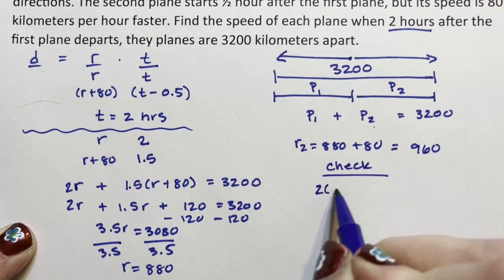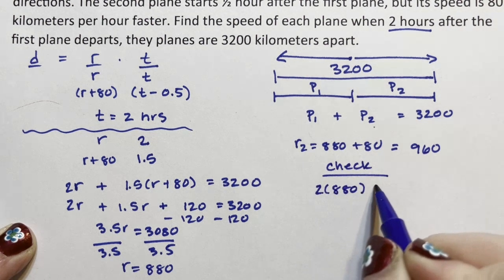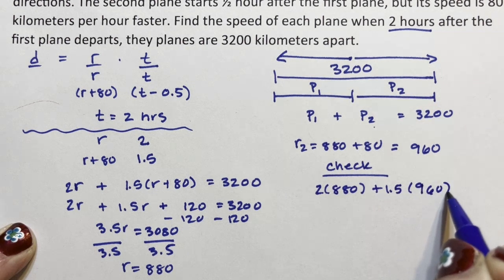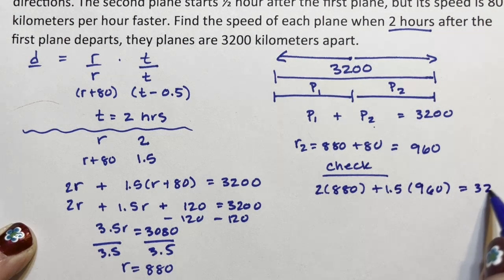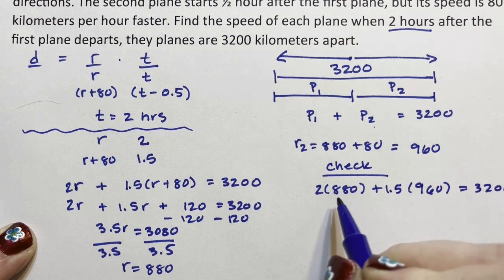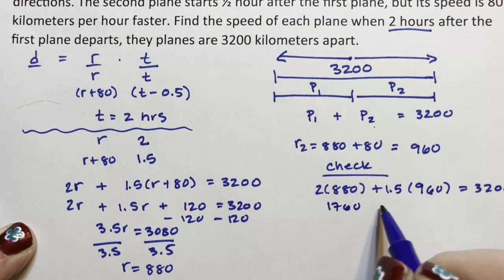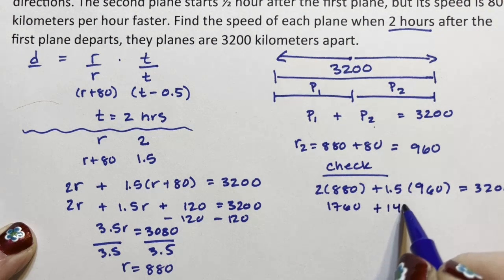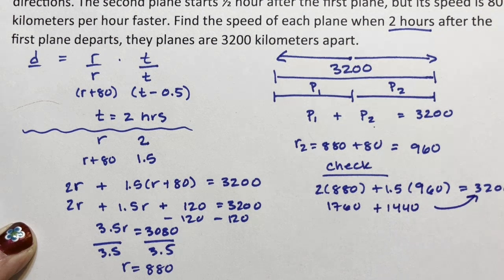Is 2 times 880 plus 1.5 times 960 equal to 3,200? Well, 2 times 880 is 1,760. 1.5 times 960 is 1,440, and that does equal 3,200. All right, so that all works.